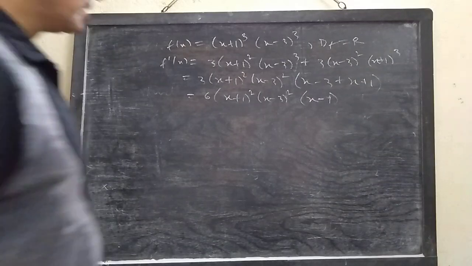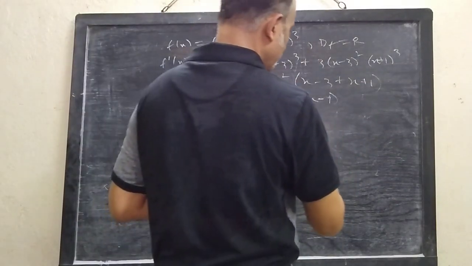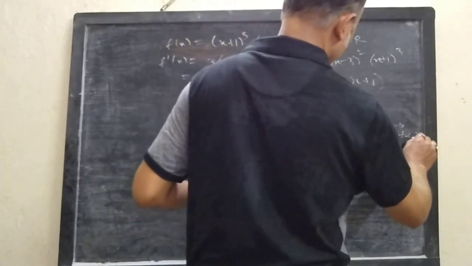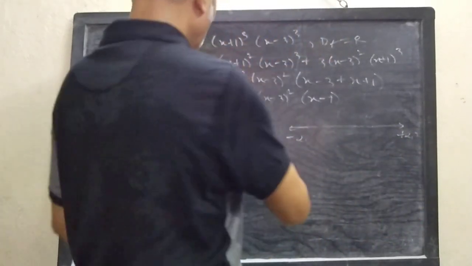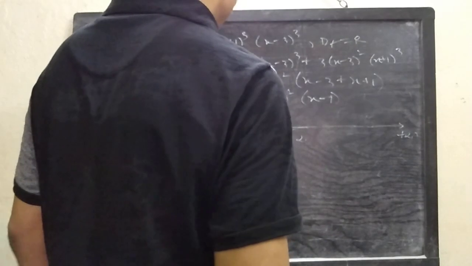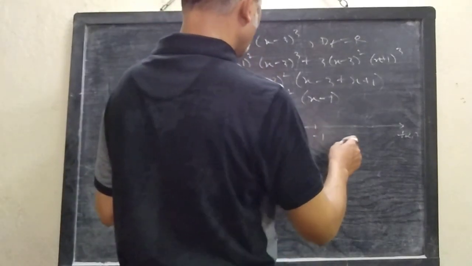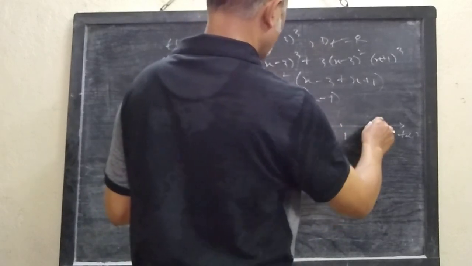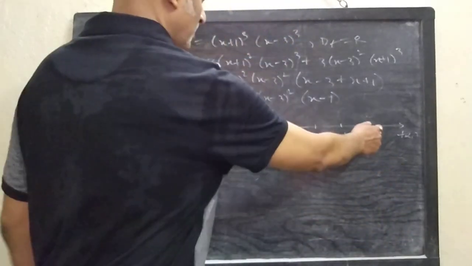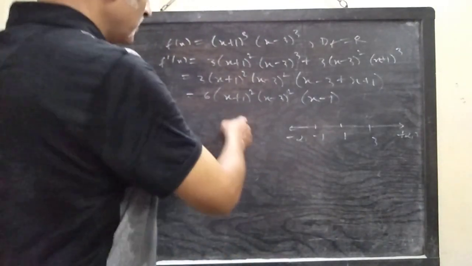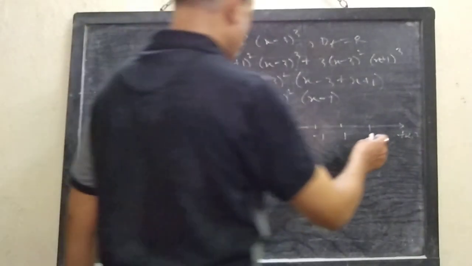Right. Now, draw a number line. The zeros of f dash x are minus 1, 1 and 3. Rightmost zero is 3, take any point more than 3, say 4, this is positive.